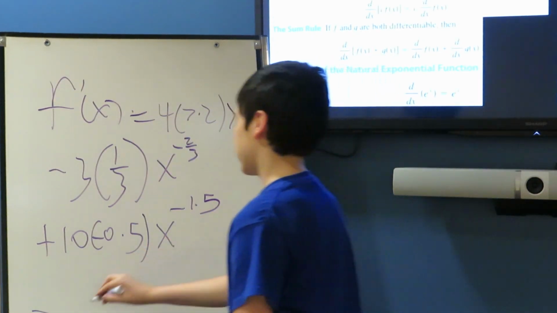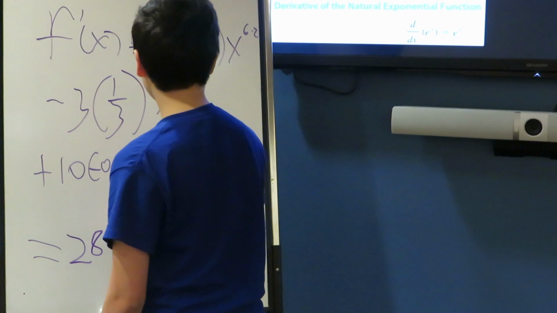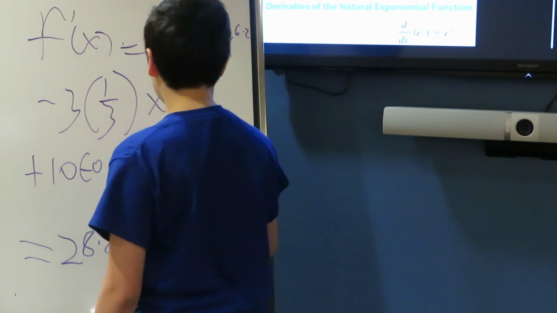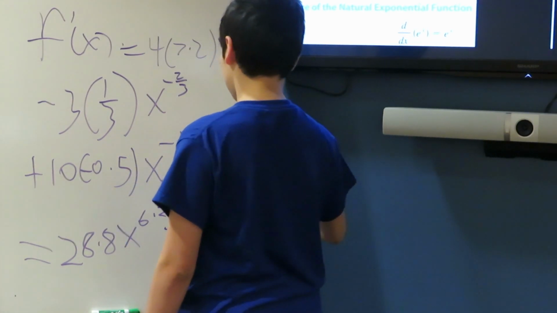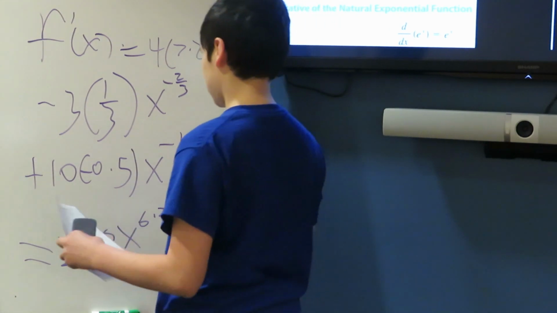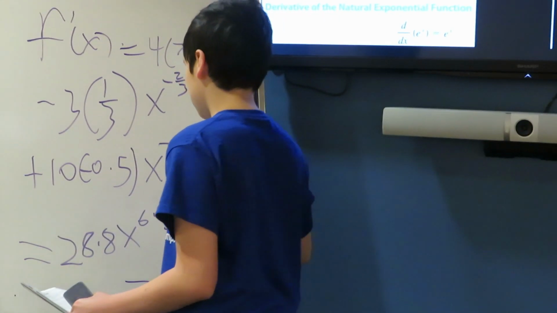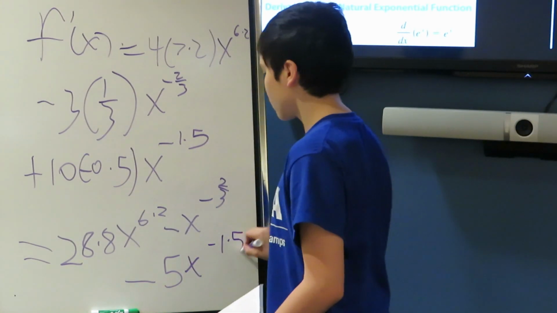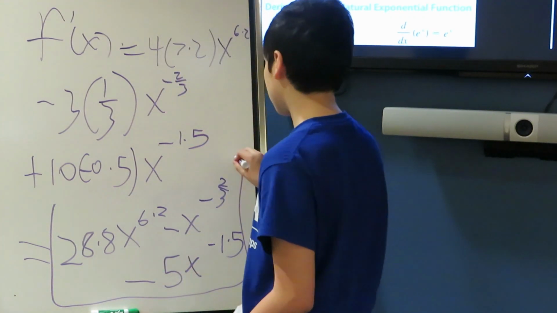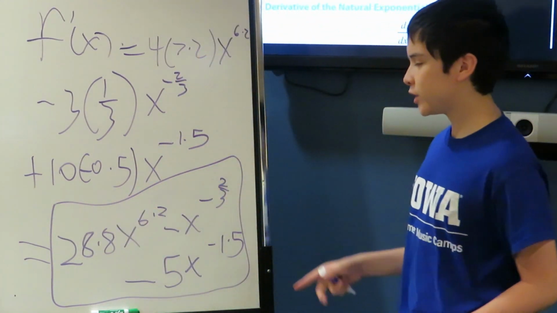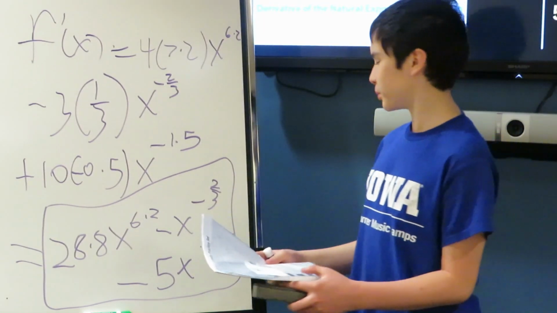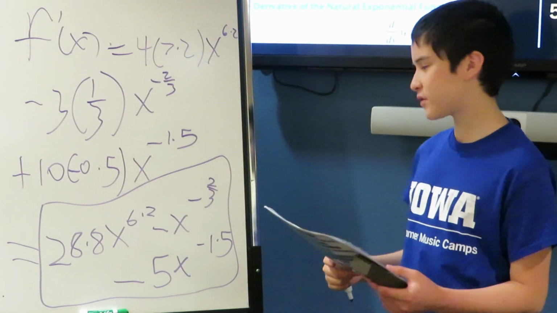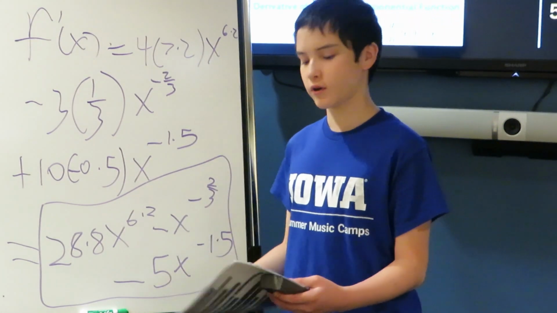Okay, now we simplify. So finally, we get 28.8 times x to the 6.2 power minus x to the negative 2/3 power minus 5x times negative 5x to the negative 1.5 power.